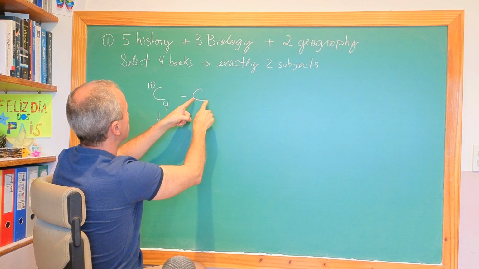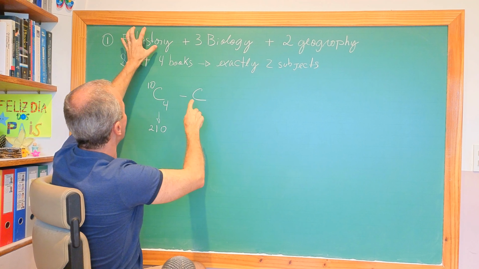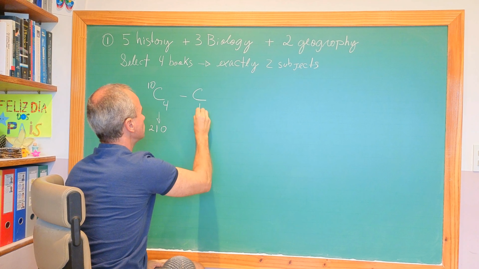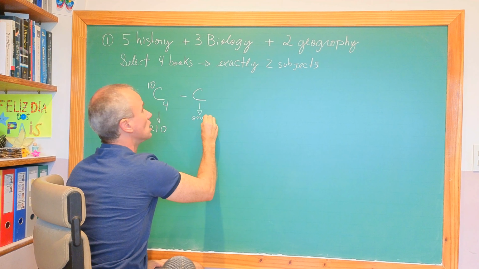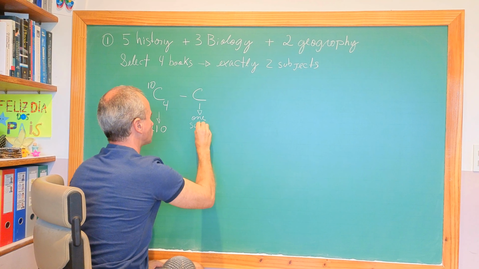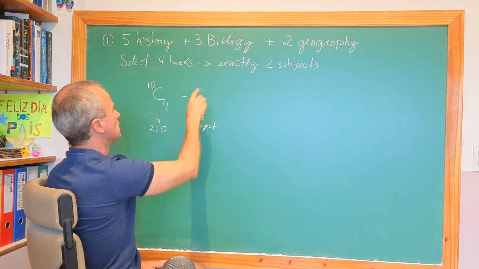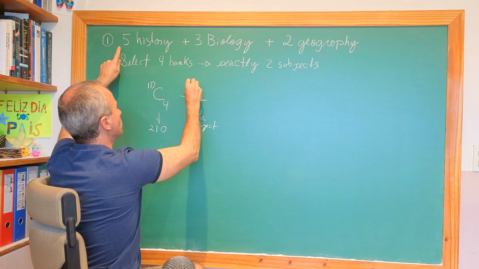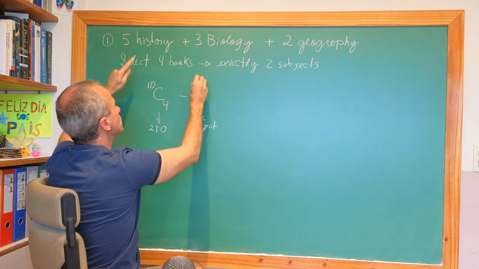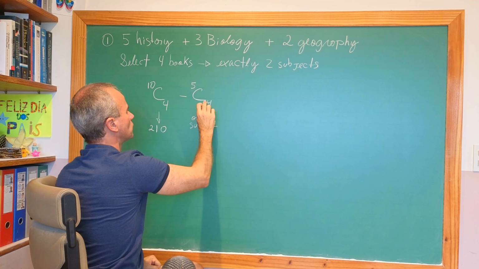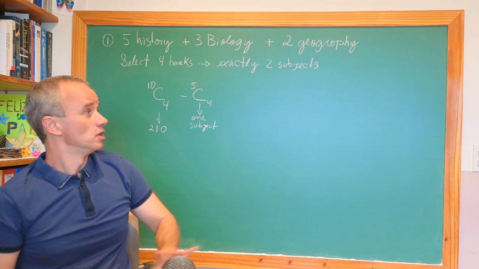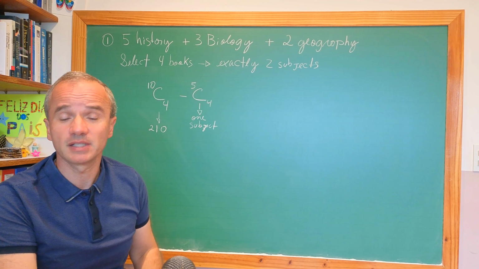This is the possibility of only 1 subject. Now it's going to be a combination of 5, because I have 5 history, and I'm going to choose 4, right? 5 choose 4. Good. So the 1 subject possibility is out.